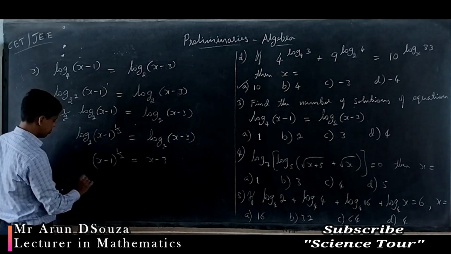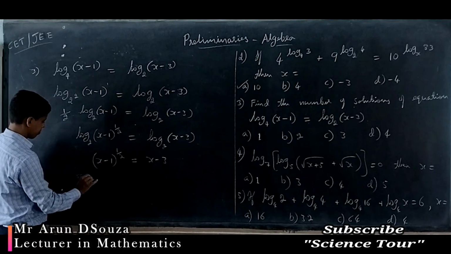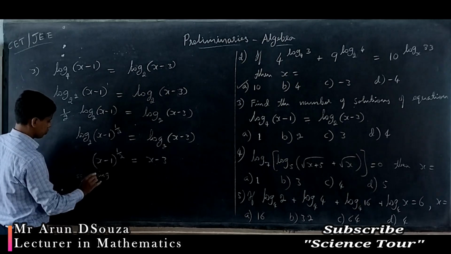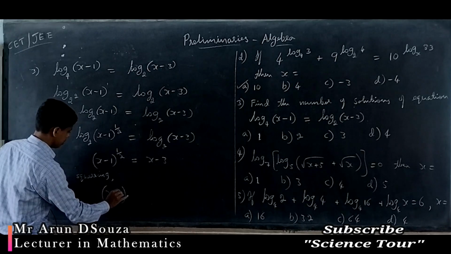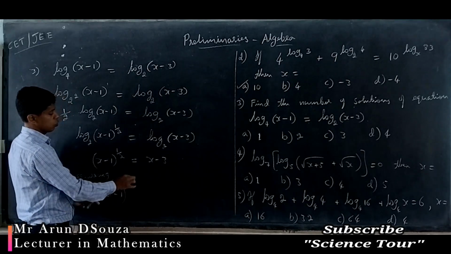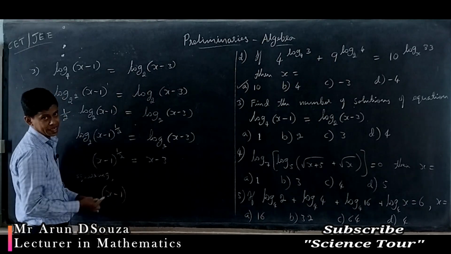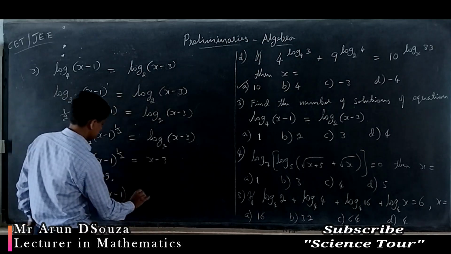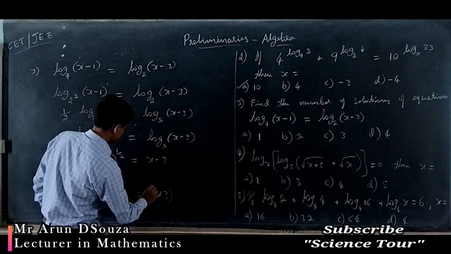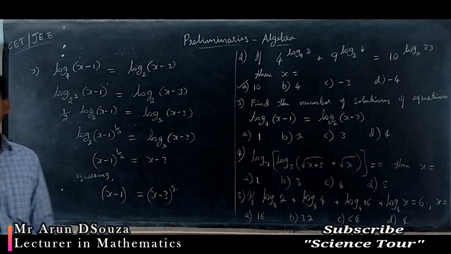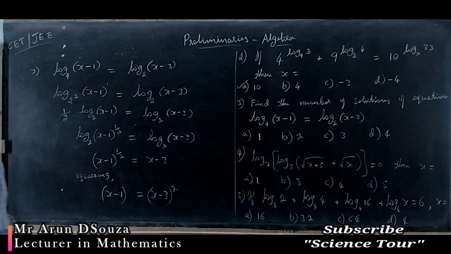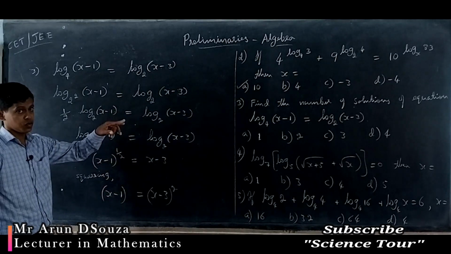See what happens. Squaring, this will be x minus 1, because half and whole square, so 2 and 2 will cancel. So this will be equal to (x minus 3) whole squared.